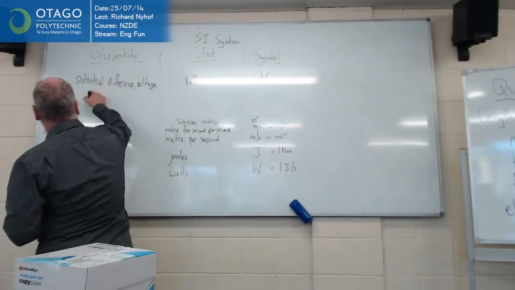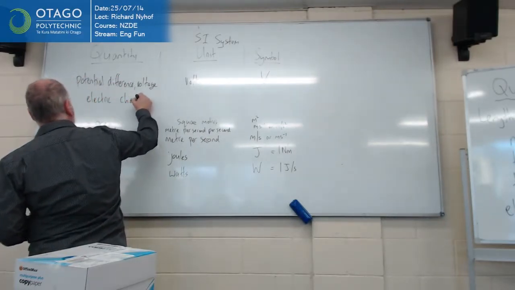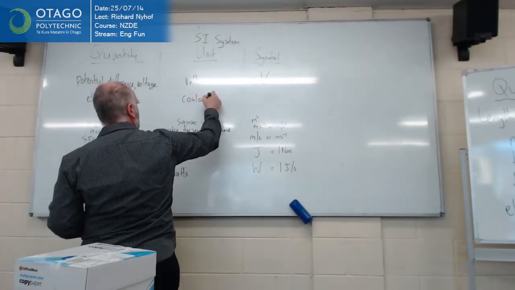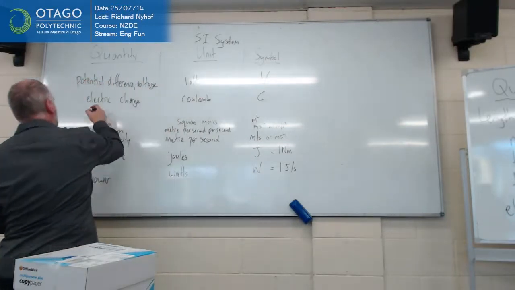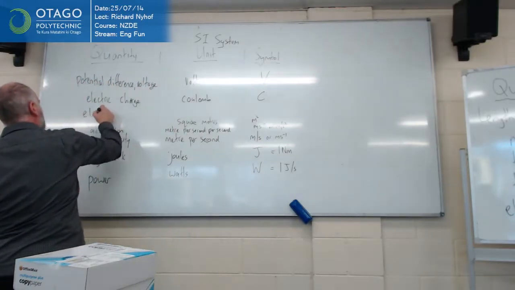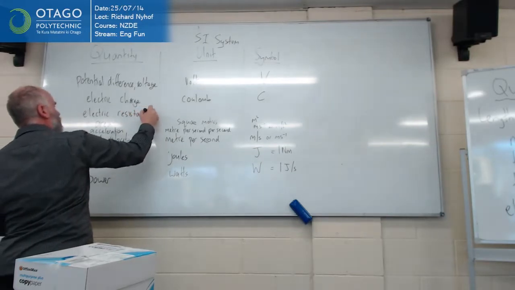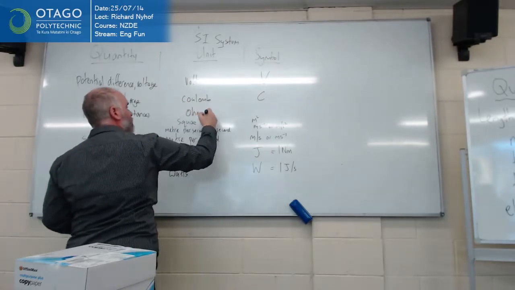We have electric charge, which is measured in coulombs, which is a capital C, and electric resistance, which is measured in ohms.